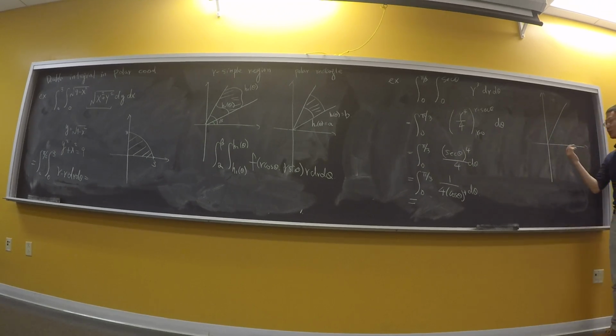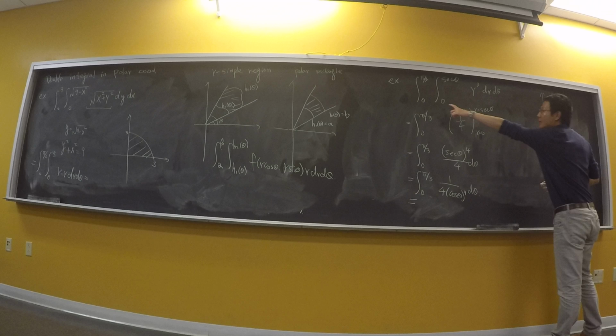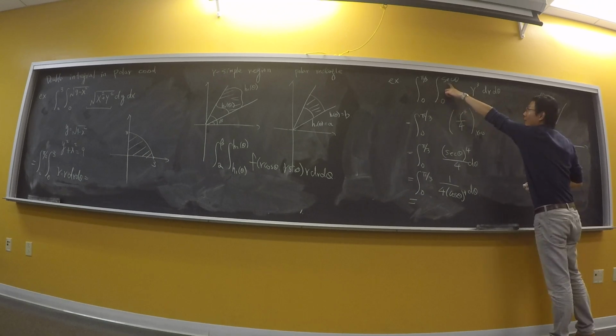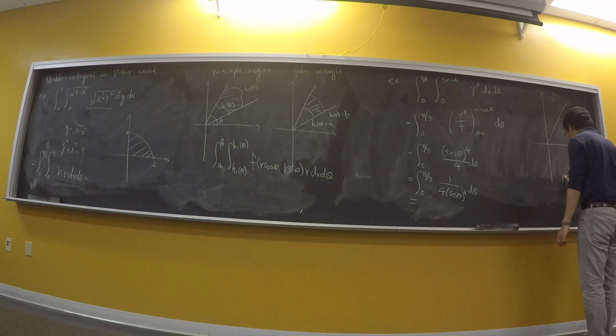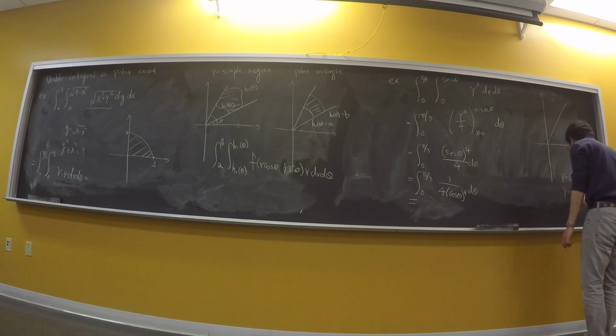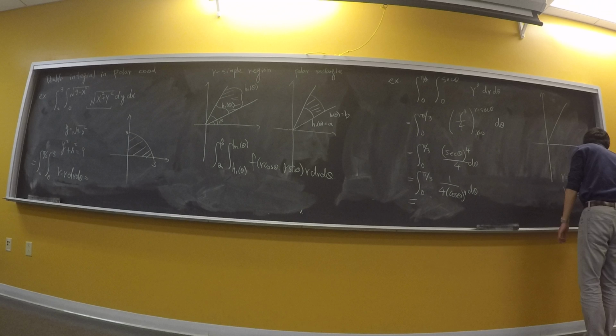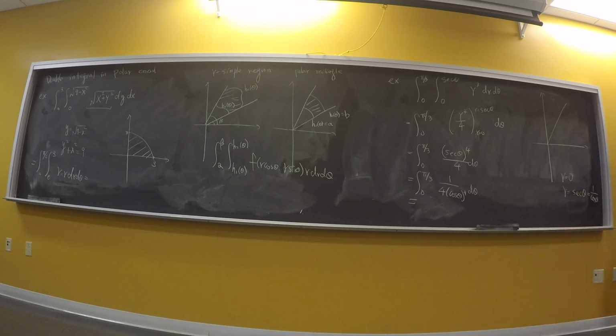This region is bounded between these two rays. And the radius is between 0 and r equals secant of theta, or r equals 1 over cosine theta.